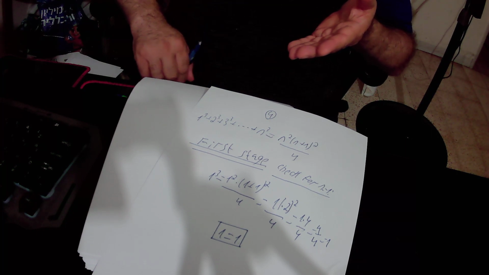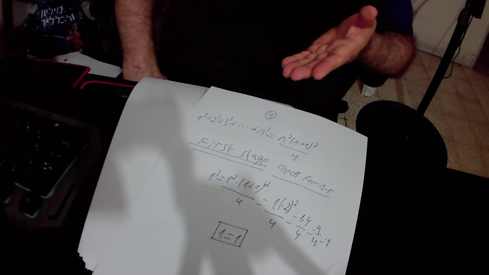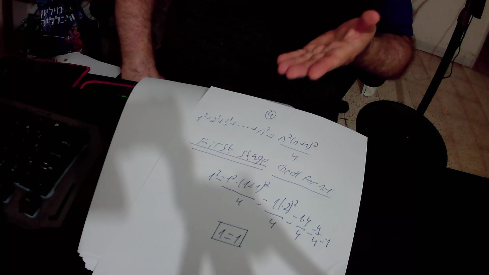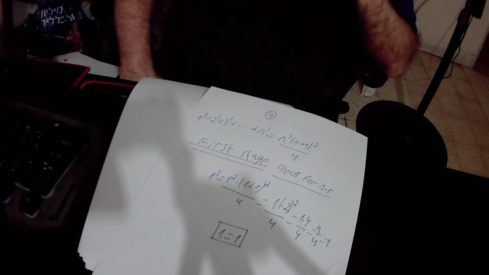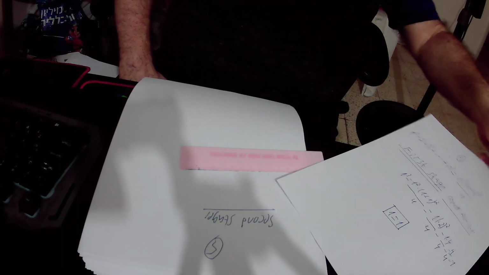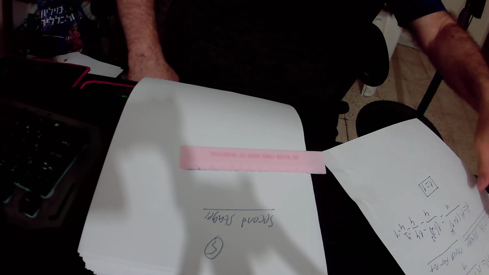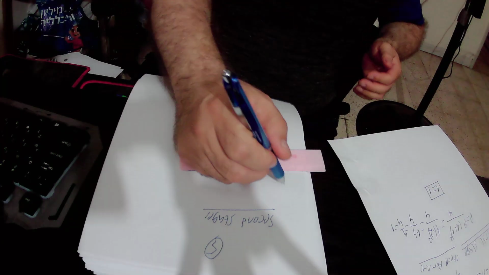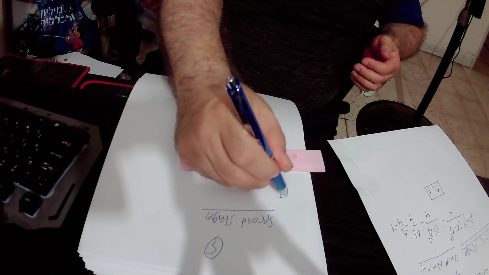When you create the statement for n, it is exactly the same as this statement. Okay, so the statement for n is the same as the original statement, so we copy it.